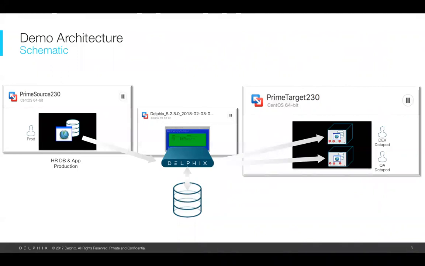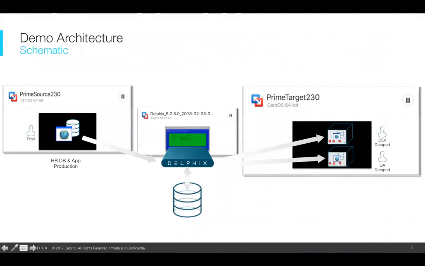So what do we have here? We've got the source environment, and in our scenario, we've ingested the Oracle database and the vFiles, the application files, into the Delphix platform, and these now exist as separate dSources, if you like, within Delphix.